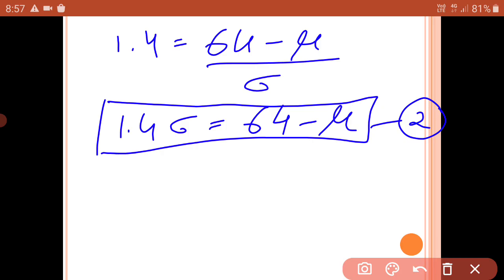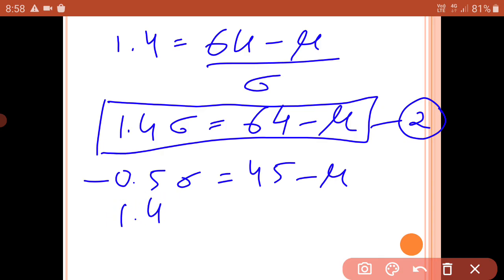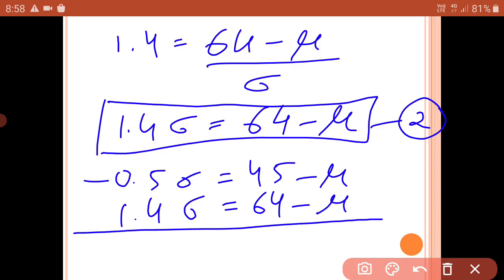After that you write both equations. First equation is minus 0.5 sigma is equal to 45 minus mu. Then second equation is 1.4 sigma is equal to 64 minus mu. And then you change the sign of any one of them.